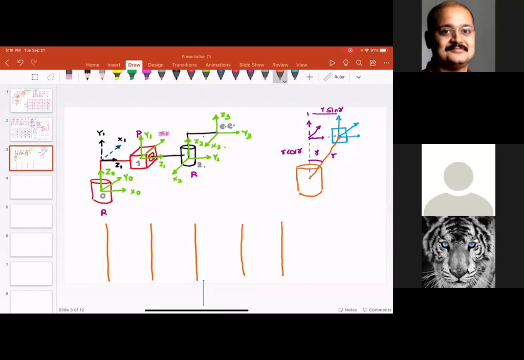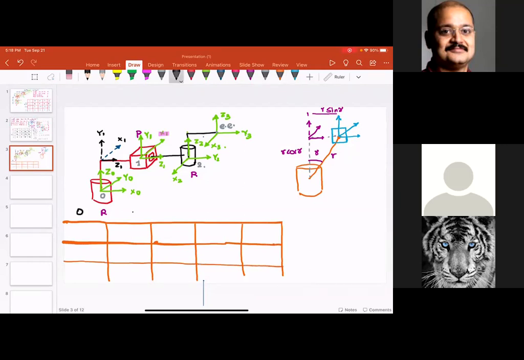So this is theta, alpha, R, and D. For joint number 1, theta 1, the rotation is about Z0 so that X0 gets aligned with X1, and I'm going to call that 90 plus theta 1.